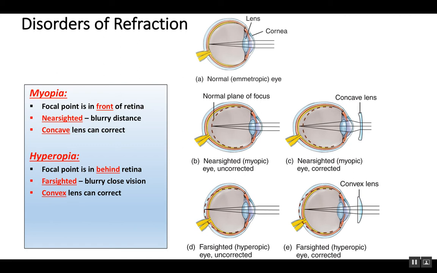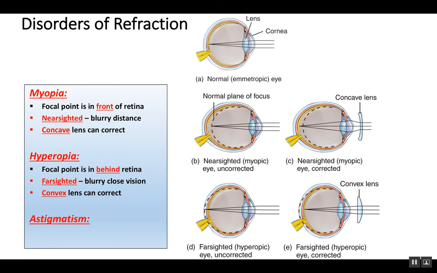One cause is a short eyeball, so these are largely anatomical problems. A short eyeball or a thin lens that doesn't bend the light enough. We can correct this by using a convex lens. Convex lenses will refract the light a little bit before it enters the eye. Notice in both corrected eyes, the focal point is hitting the retina properly.